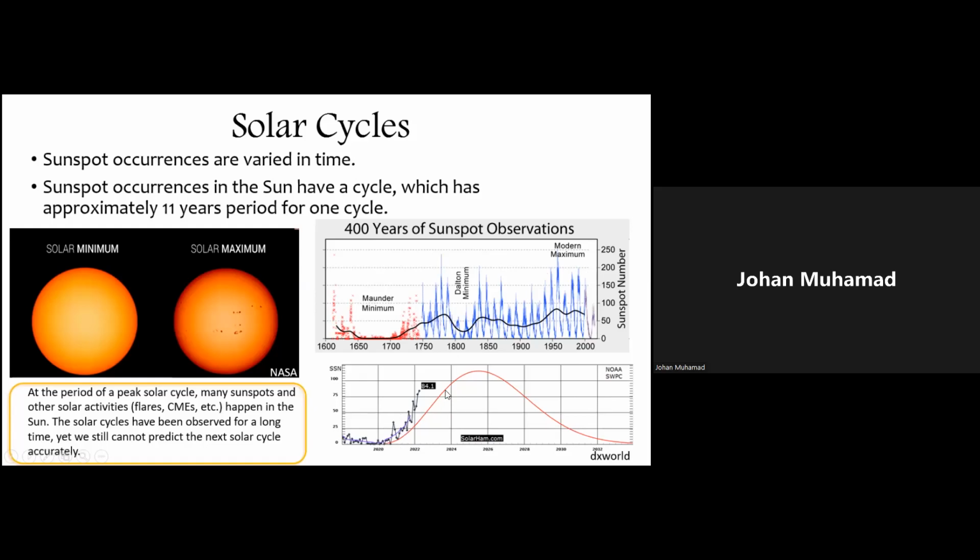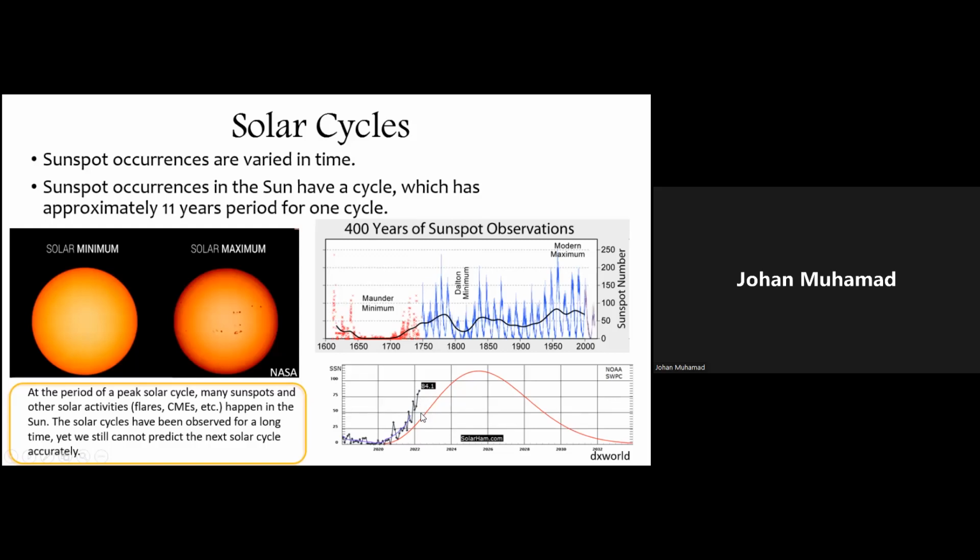This red line shows the prediction for this solar cycle today, which is solar cycle 25. And as you can see, this blue dotted line shows the real observations of the sunspot number, so people know that, yeah, this is not a very good prediction.